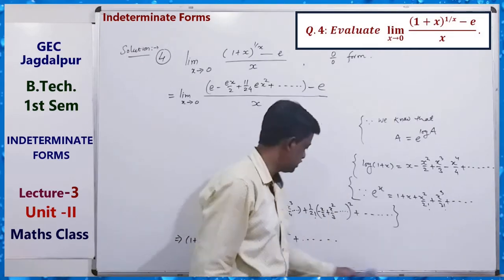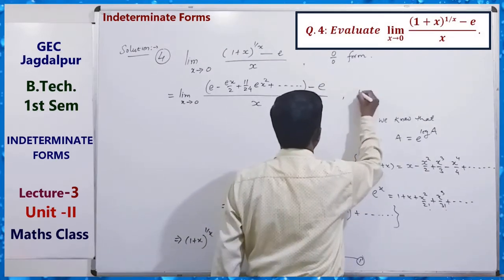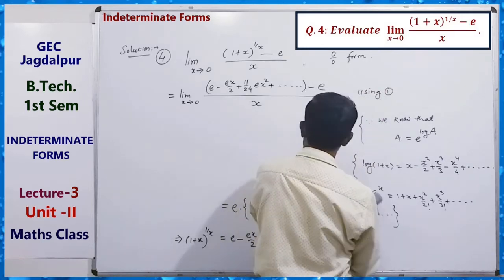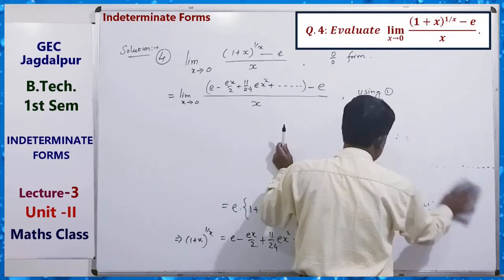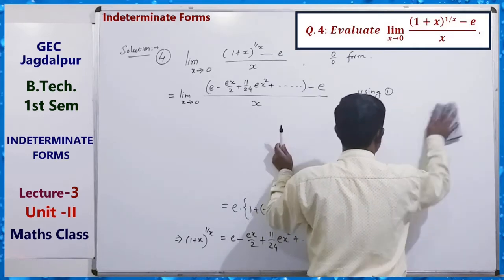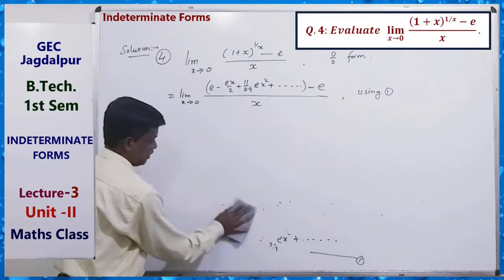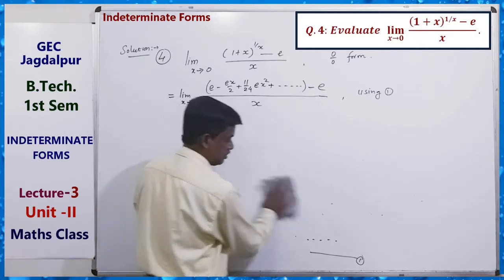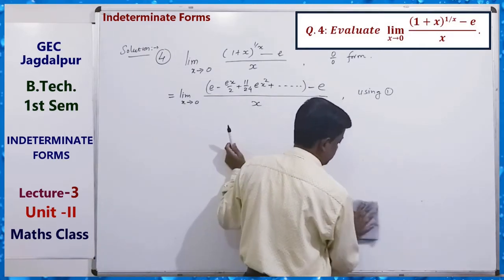Using this, just write it using 1. Now we see that e cancels and ex also cancels from numerator and denominator by taking it common. So just after this step we can get the value of this limit very simply.